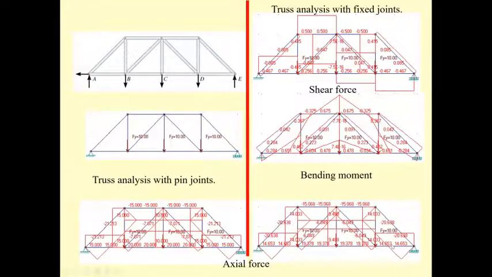That means by using the pinned joints, the obtained forces are going to be a little bit larger. The axial force is going to be a little bit larger than when you assume the fixed joint.